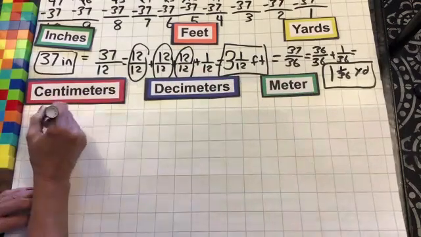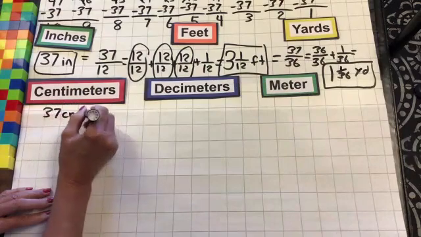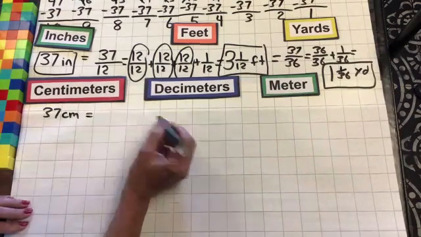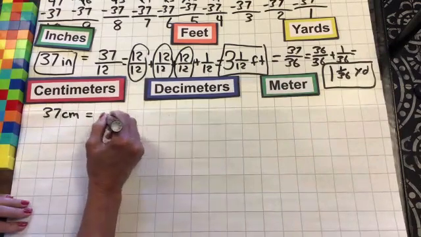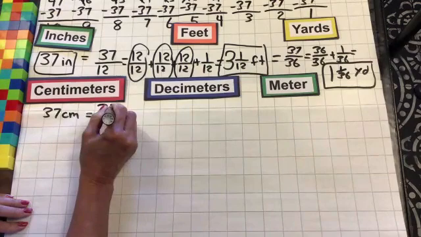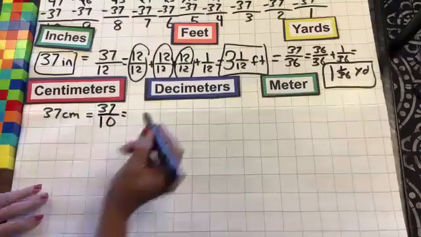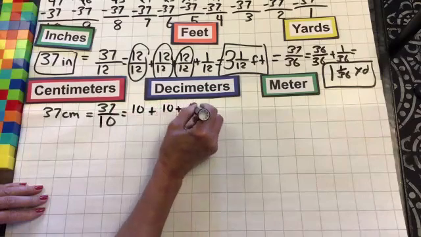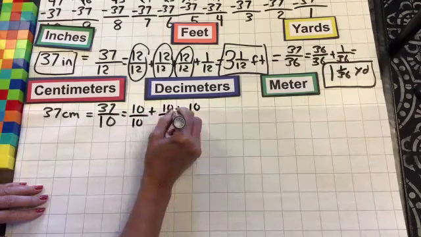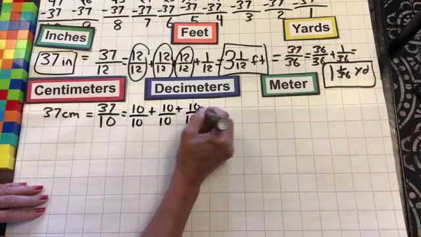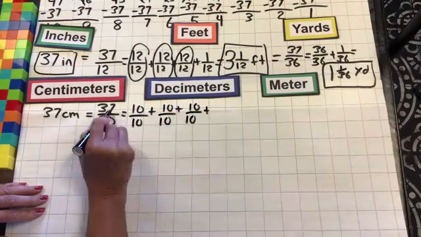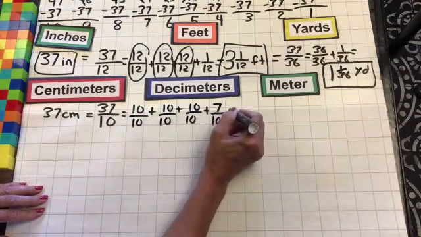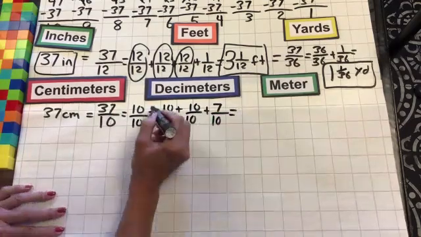So we have 37 centimeters, and we know it takes 10 centimeters to make a decimeter. So we're going to make these into improper fractions, and we're going to break them apart. So we have 10 plus 10 plus 10 is 30. Plus, that's 7. 37 over 10.